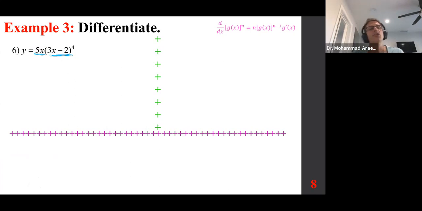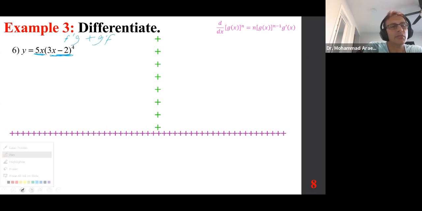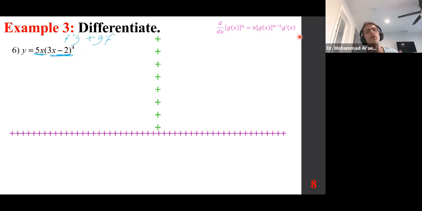So f prime g plus g prime f. So you're using the product rule. However, when you use the product rule, f prime is 5 times g, but the g prime uses the extended power. That's why you are using the combination. Combination of the chain rule and the product rule.